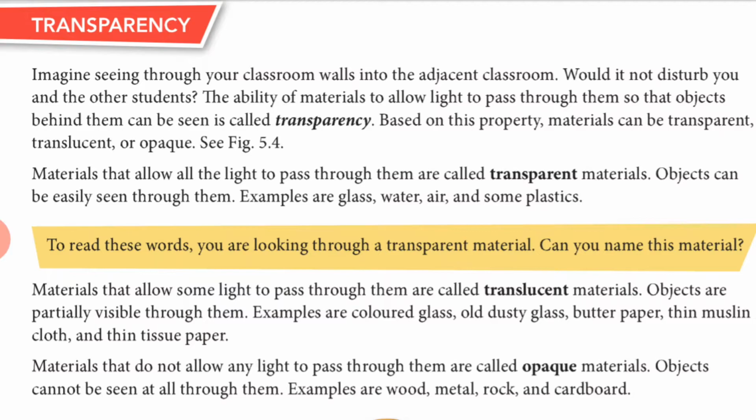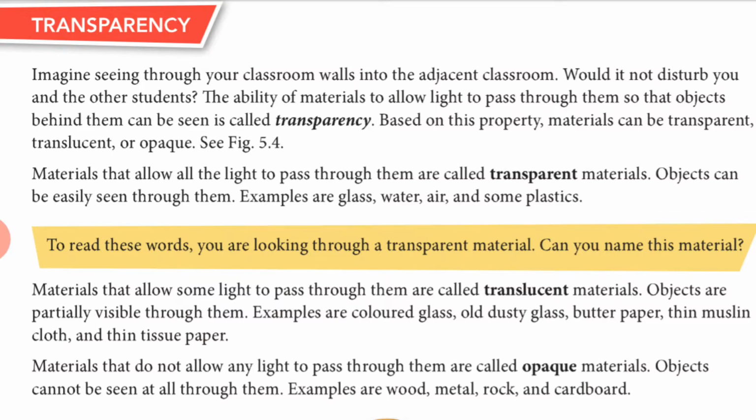It is called translucent, like dusty glass, butter paper, muslin cloth, frosted glass, smoked glass, fog. These are all called translucent materials.